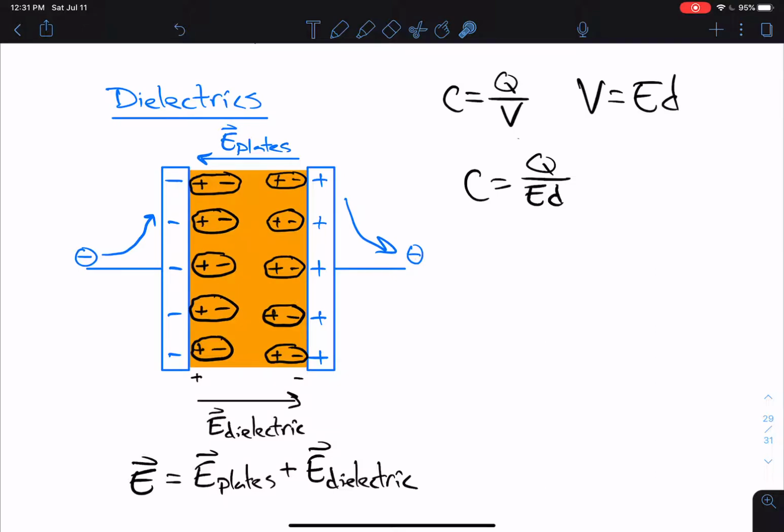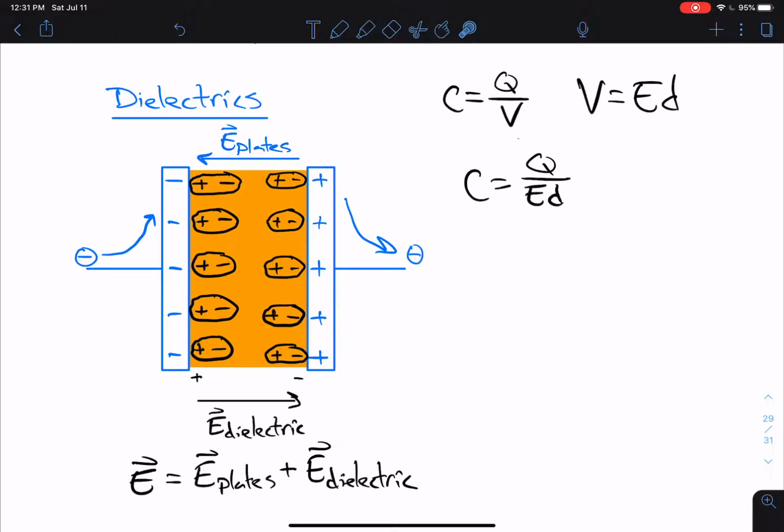So the magnitude is decreasing. Over here, the magnitude of the E field is less than it would be without the dielectric. And so that means for a given amount of charge, the capacitance is higher. So putting a dielectric in increases the capacitance.